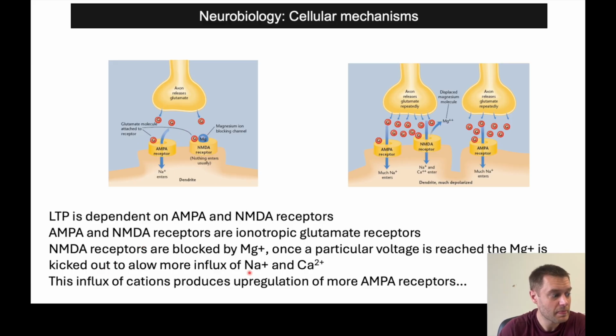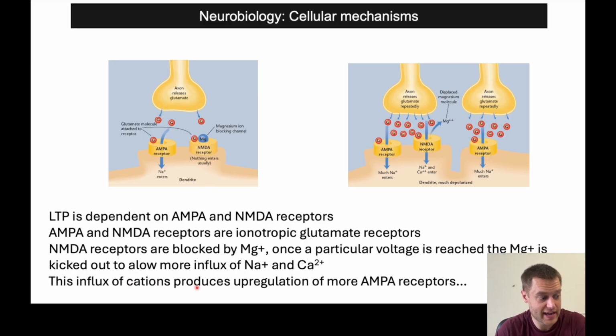So NMDA receptors are blocked by a magnesium ion. We did go over this already in the synapse lecture, but I'll give us a refresher here. The NMDA receptor has a blockage here of a magnesium ion, right? It's blocking the channel. So when there's an action potential, that allows the efflux of this magnesium ion, which will then allow the influx of sodium and calcium.